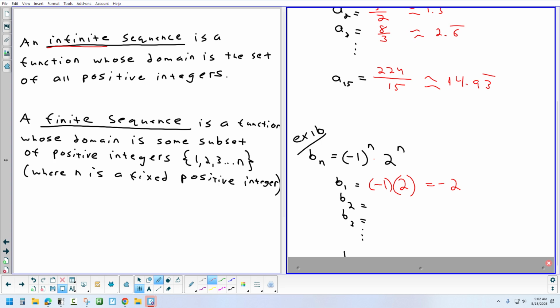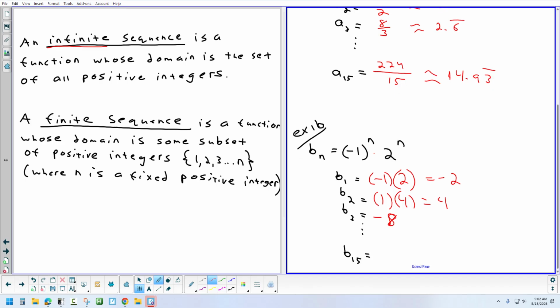Okay, the next one is going to be negative 1 squared, and then 2 squared. Right, so it doubles and changes sign. So negative 8. And what about the 15th term? Is it going to be a positive or a negative?